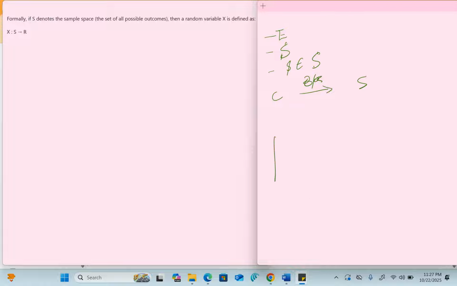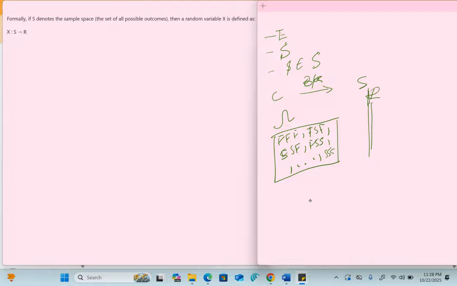Consider this sample space, omega, and the possible outcomes of this 3-packet transmission: FFF, FSF, SSF, FSS, and so forth, and then SSS. We have these possible outcomes, and we have the real number system R, and a random variable X(omega) that maps every possible outcome to a real number, say 0, 1, 2, 3.